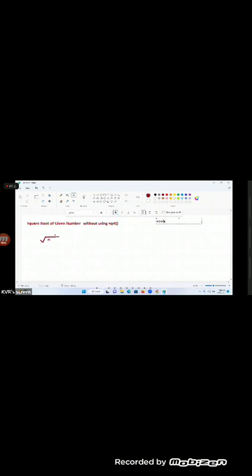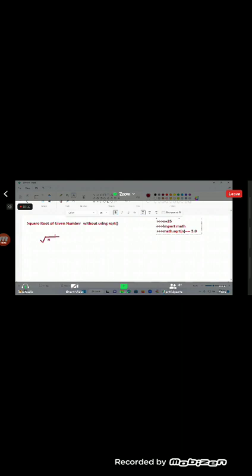One is n is equal to 25. Before that, I can use the math module by importing it, and then I can write math.sqrt of n. What is the answer coming? 5.0. Are you following? Let me go to Python and observe it here.